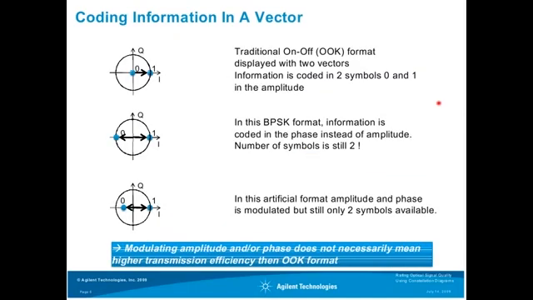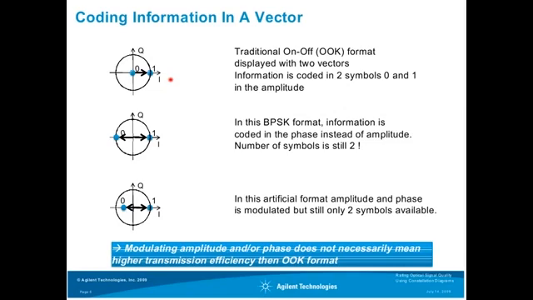So how can we code information to a vector? I have shown here again the constellation diagram for the traditional on-off keying format. On-off keying is what we have been using in optics for 15, 20 years, and it's just switching the amplitude on and off.